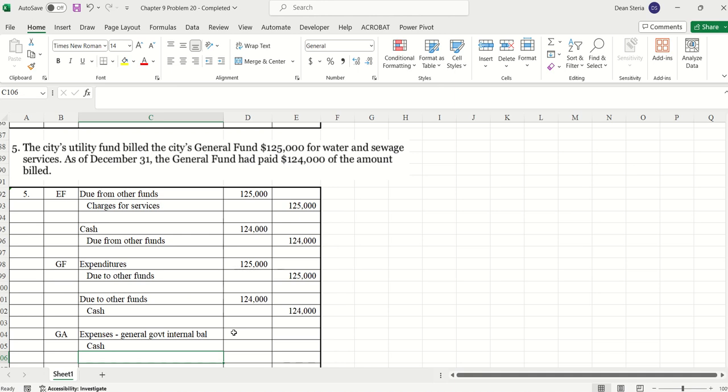Right, expenses, general government. I'm sorry, I was over enthusiastic in my typing. And that's not cash, I'm sorry.